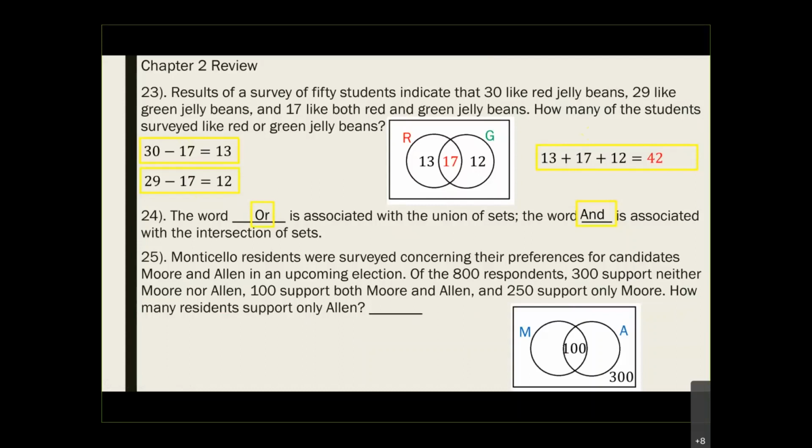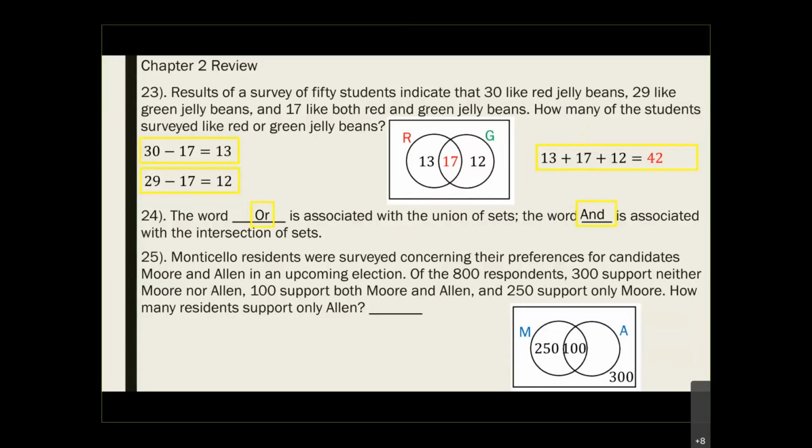Because they have the word "only," this is what I have to do: "only" means 250 goes on the outside of the overlap. This is different from number 23, because in 23 they don't say the red only or the green only. They just say in general 30 of them like red jelly bean and 29 like green. So in this one, because of the word "only," we have to put that number on that item.